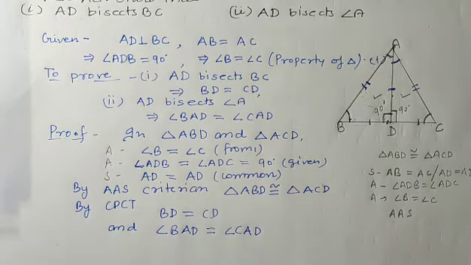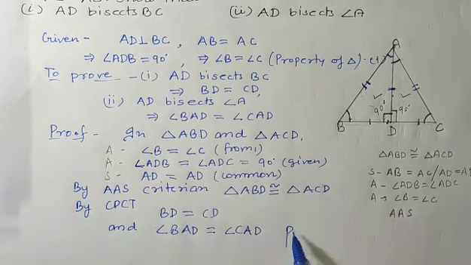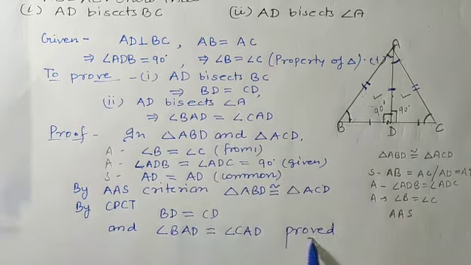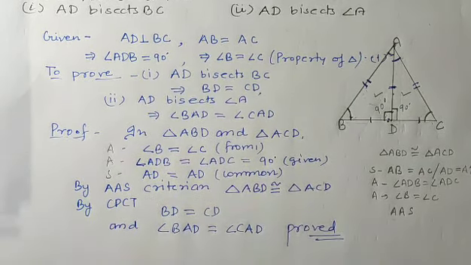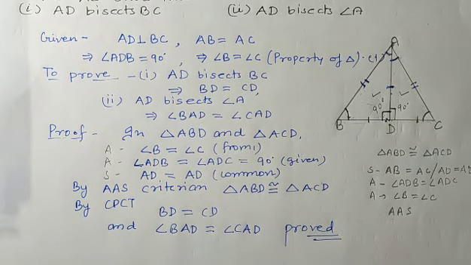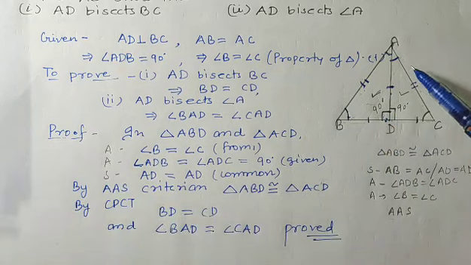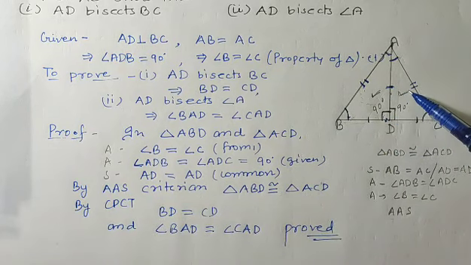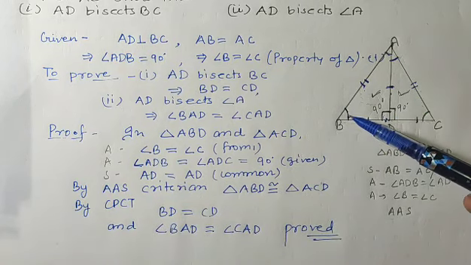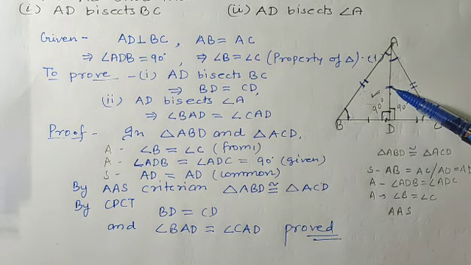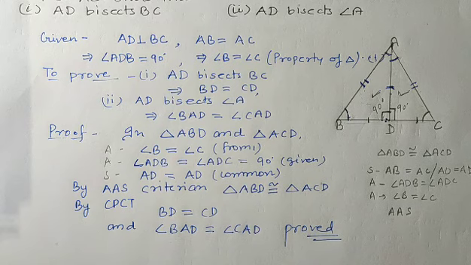Okay students, so this was to prove, and here we have proved like this. The concept of this question was to show triangle ABD and triangle ACD as congruent, and we have used the angle angle side property. Okay students, so just pause the video and note it down.